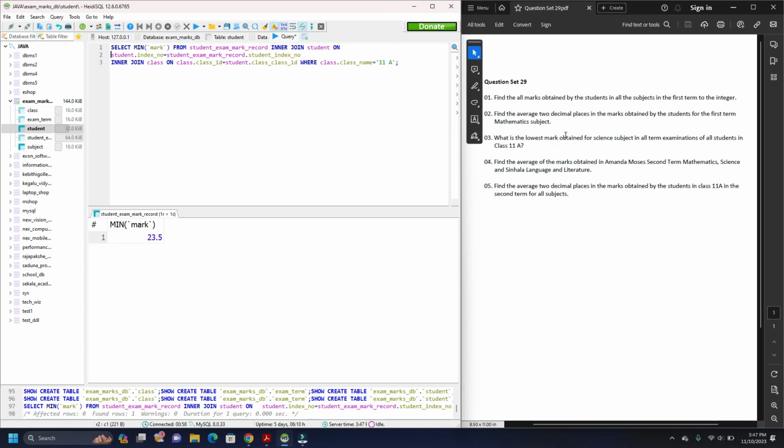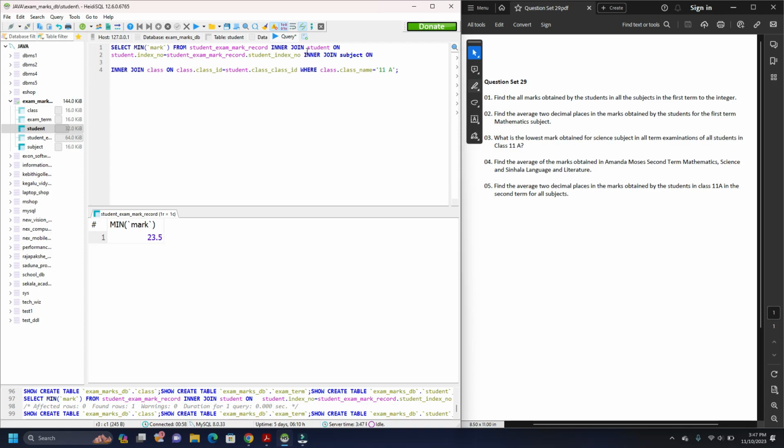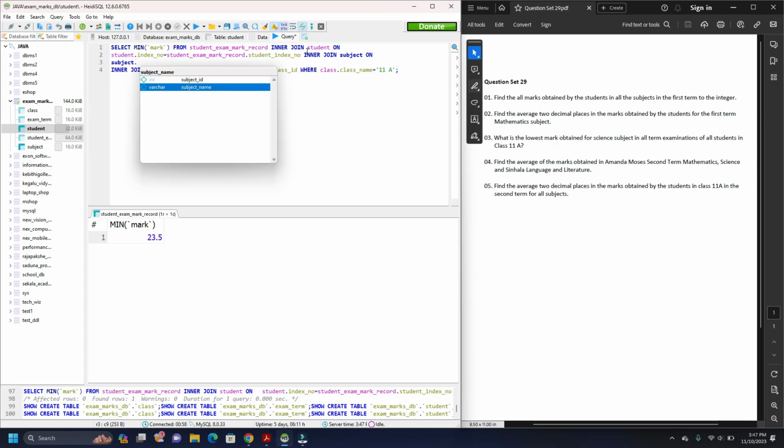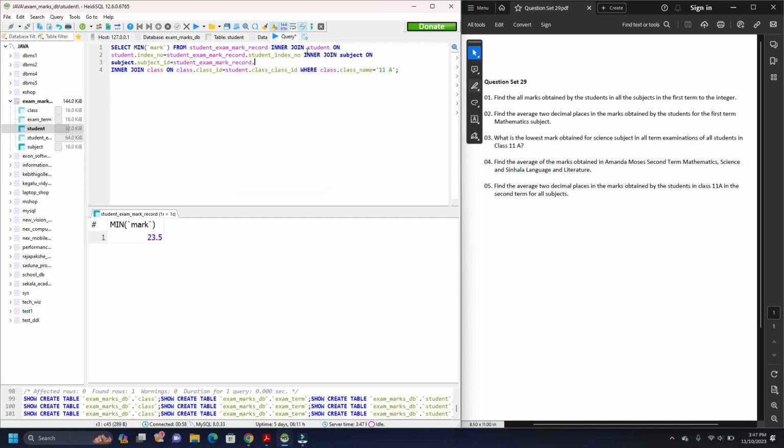obtained for, right, we have to, but before that we have to inner join the subject table as well on subject id equals student exam mark record dot subject id, where subject name equals to science, and class name is 11A, and this is the query for the third question.